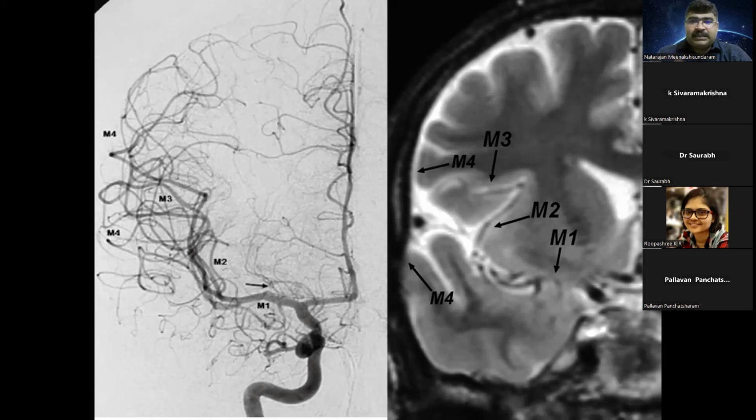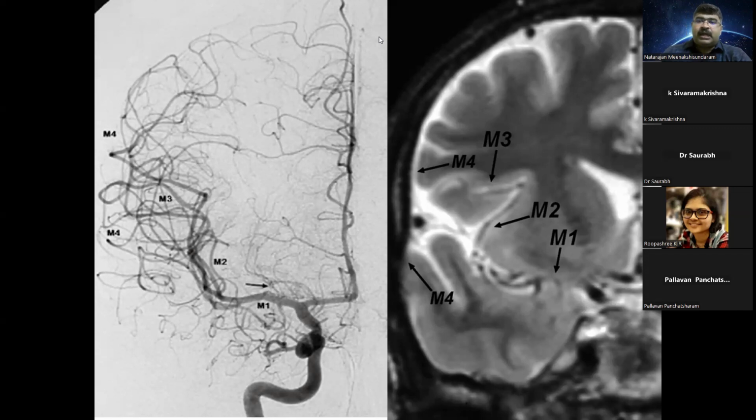This understanding of the various segments of the MCA is essential in order to understand the various surgical steps in clipping MCA aneurysms. Hope the anatomy of the MCA is clear. It's very, very important that you understand the various segments of the MCA.